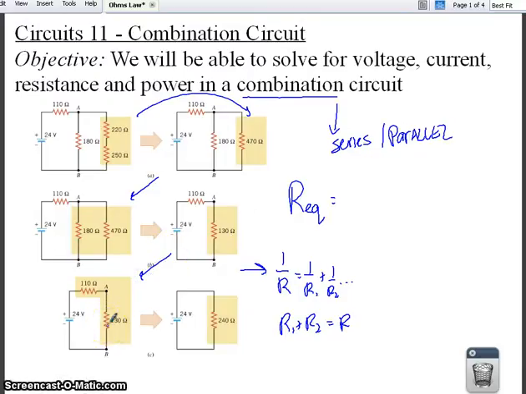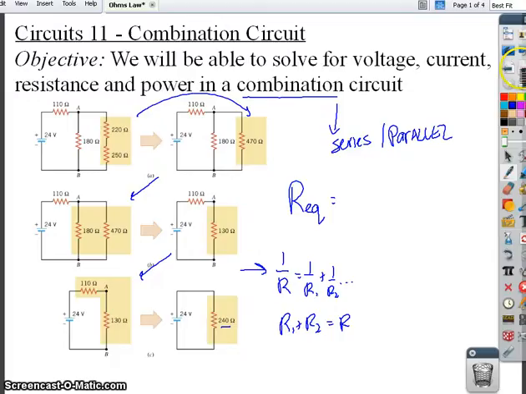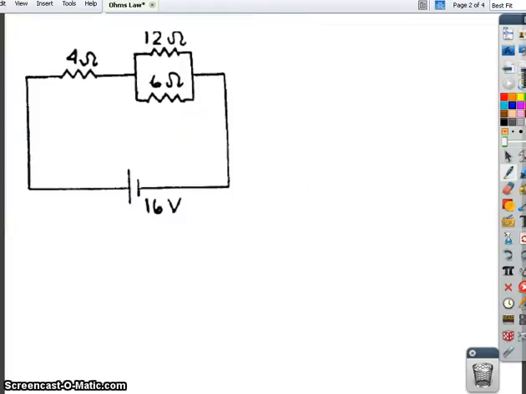So the equivalent resistance of this circuit is 240. Notice how we had to break that down into its series and parallel components. That's what we're going to be doing. And there is no rule, no way I can say add these first and do this second or third. You just have to have a feel for it and understand, and you'll get an order.